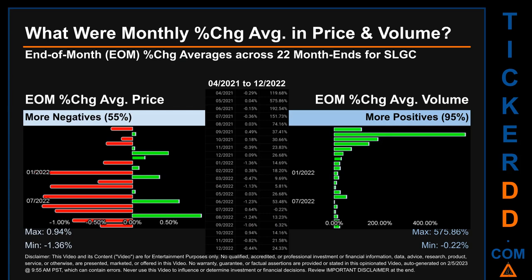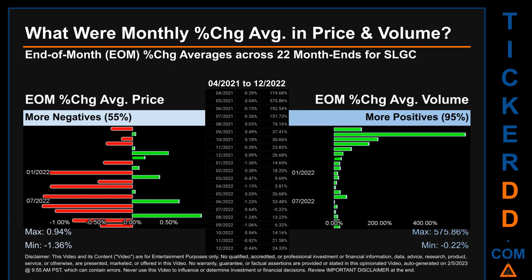From 04/2021 to 12/2020, out of 22 month ends, 12 had a negative percentage change in average price. Meaning 55% of month ends saw a negative percentage change in average price. In terms of volume, 21 out of 22 month ends had a positive percentage change. That is 95% of month ends saw a positive percentage change in average volume.